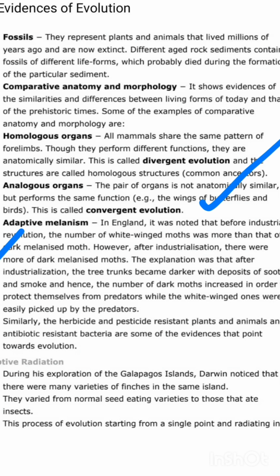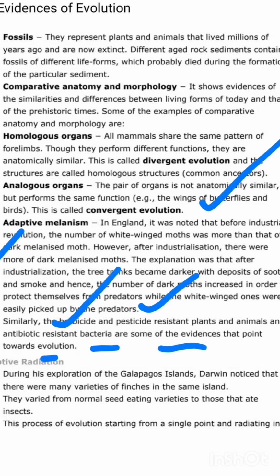The explanation was that after industrialization, the tree trunks became darker with deposits of soot and smoke pollution, and hence the number of dark moths increased as they were protected from predators, while the white winged ones were easily picked up by the predators. Similarly, herbicide and pesticide resistant plants and animals and antibiotic resistant bacteria are some evidences that point towards evolution.